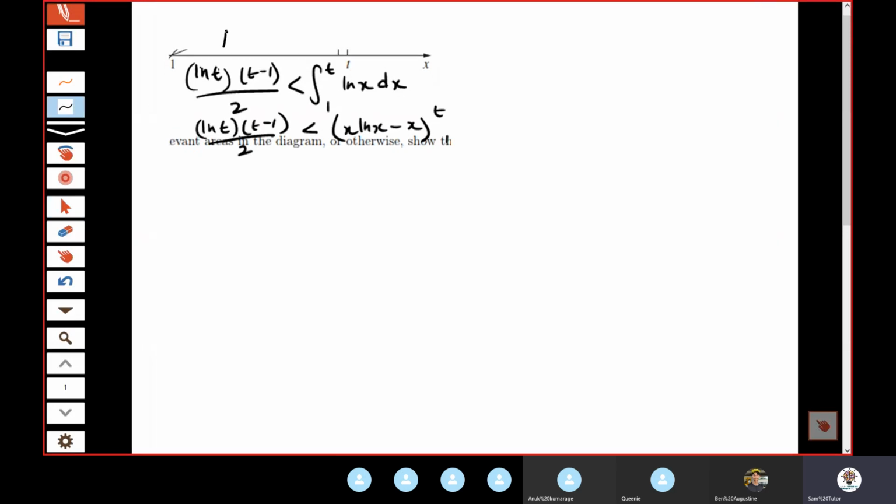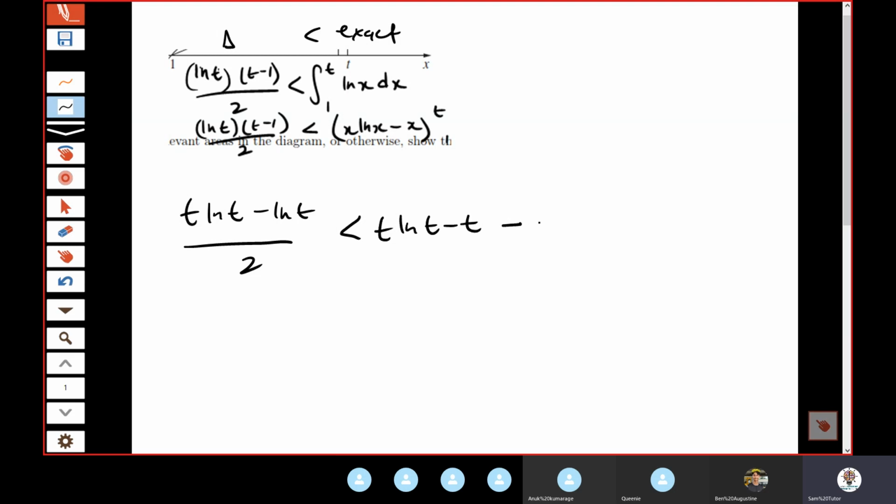So area of a triangle less than exact. That's pretty much what you're saying. I didn't do anything there. We integrated by parts. Next line, I might as well expand this. You get t log t minus log t on 2 is less than sub in t log t minus sub in 1. 1 log 1 minus 1.